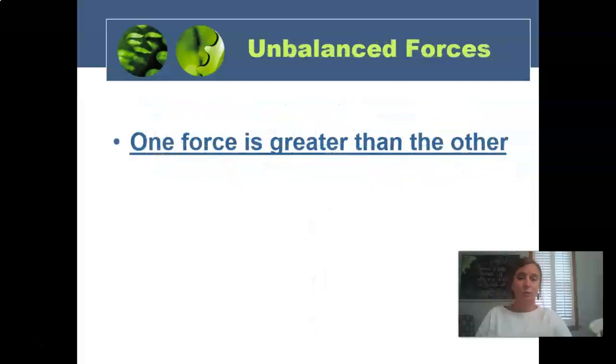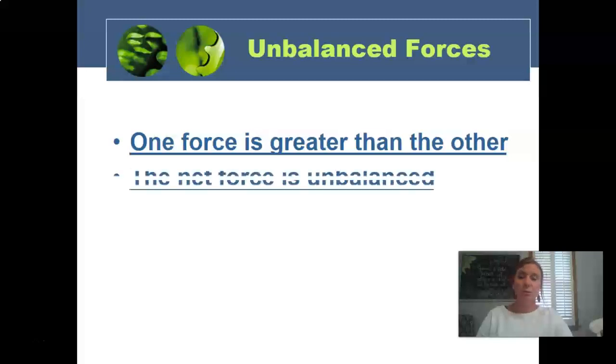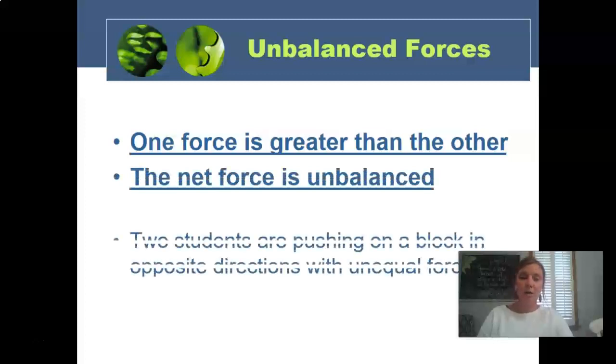An unbalanced force is just one that is greater than the other, which causes motion. So a balanced force is normally something that is stable or that is moving at a constant velocity, and an unbalanced force is one where one is greater than the other, and it causes an object to become unbalanced. If I push something, there's an example here of two students pushing on a block in opposite directions.